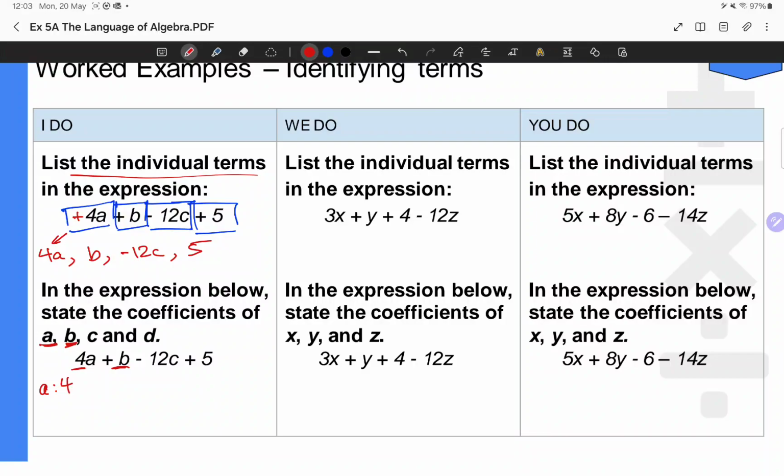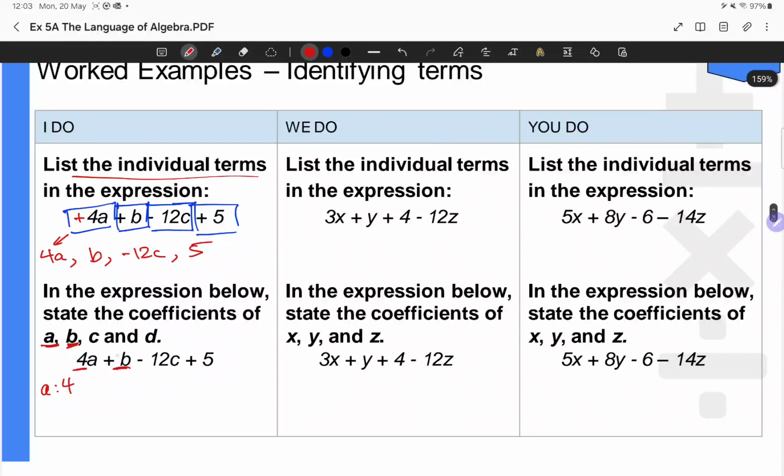There's nothing in front of B, but what we assume is, if there is nothing in front, it's actually a 1, okay? Because 1 times B is equal to 1B, and 1B is still the same as saying B. So you don't write 1B all the time, that's part of the conventions, or just the way that you write things. So B is equal to 1.